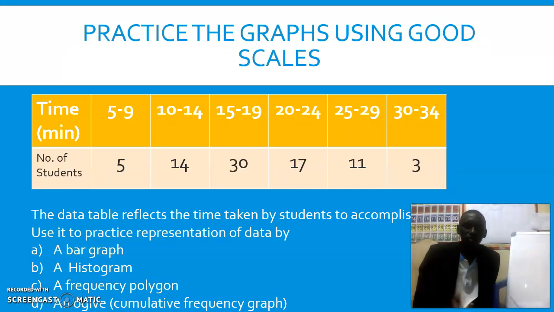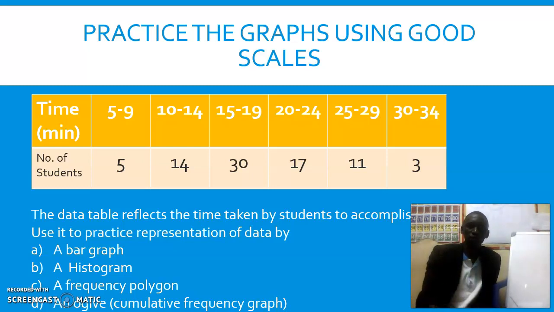And now, here we have a practice for you. There are two numbers. You try these graphs. Let us practice the bar graph, the histogram, and the frequency polygon, and also the ogive.